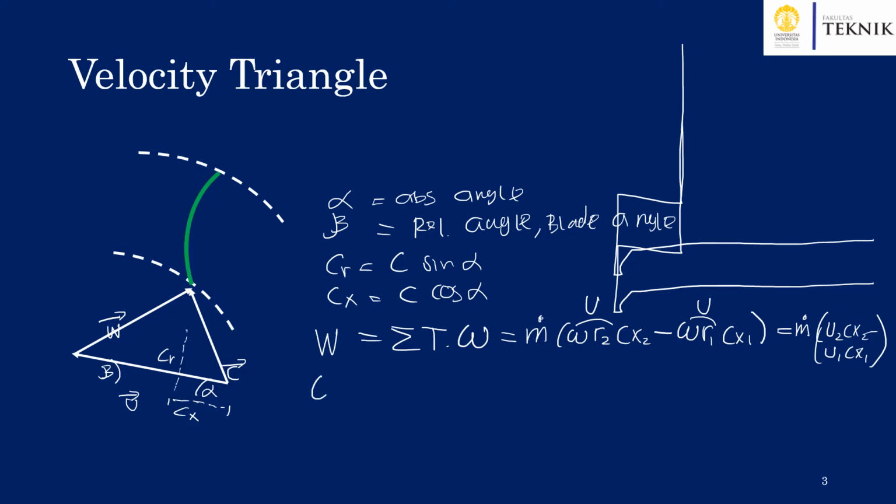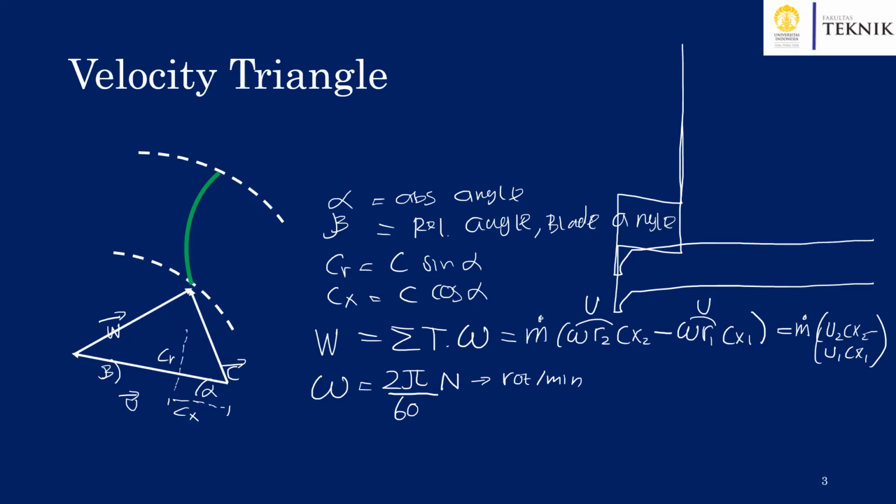The omega itself is a function of 2π per 60 multiplied with N, which is the rotation per minute of the impeller.